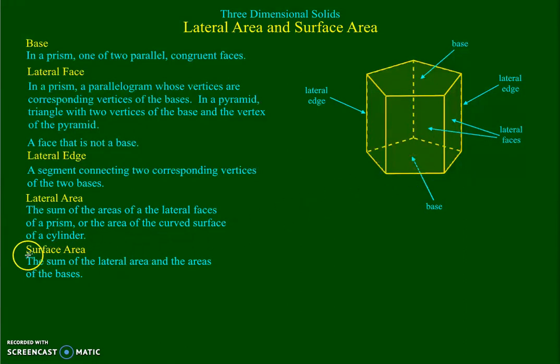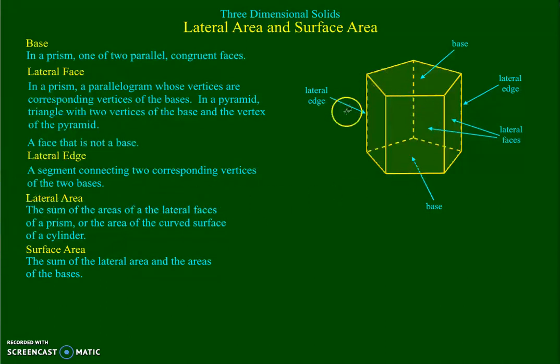So when you see something requesting surface area, that means everything. The area of all the lateral faces and the area of the bases. When you see lateral area or lateral surface area, that is just talking about the area of the lateral faces. So I just wanted to make that distinction because it's a source of error for a lot of people.